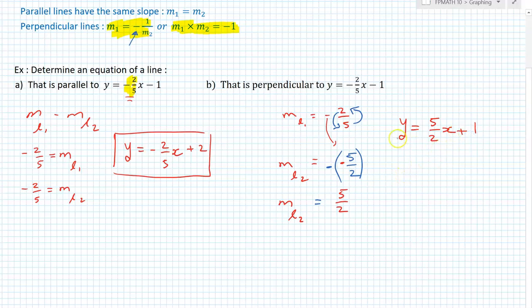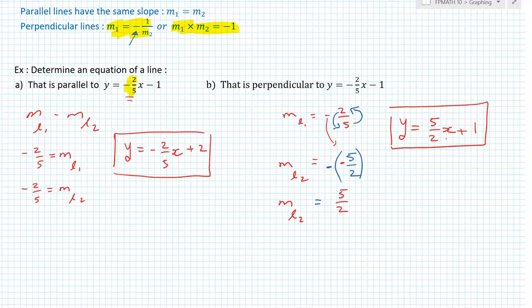That's one example, by the way, but it could be a couple more examples as well, because you could have any other line that is parallel to this line, 5/2 x + 1. That will be perpendicular to the line -2/5 x minus 1.